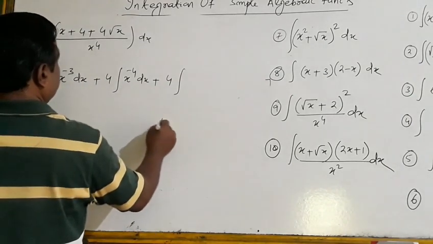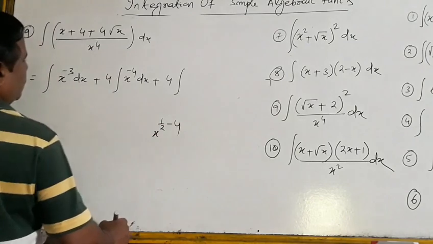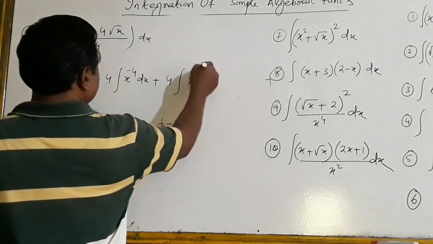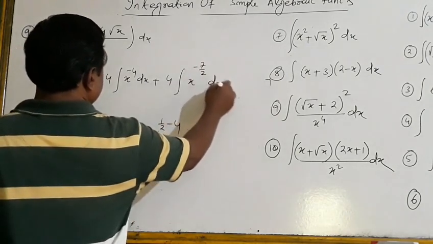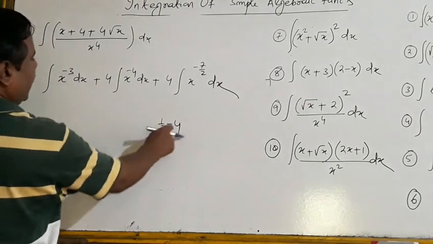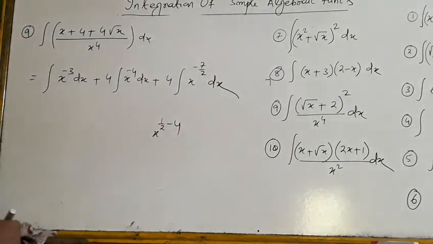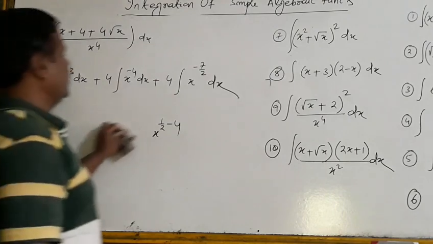It becomes x to the power half minus 4, it is x to the power minus 7 by 2 dx. Okay, half minus 8 by 2 is minus 7 by 2. Then after that you will integrate it on both sides.